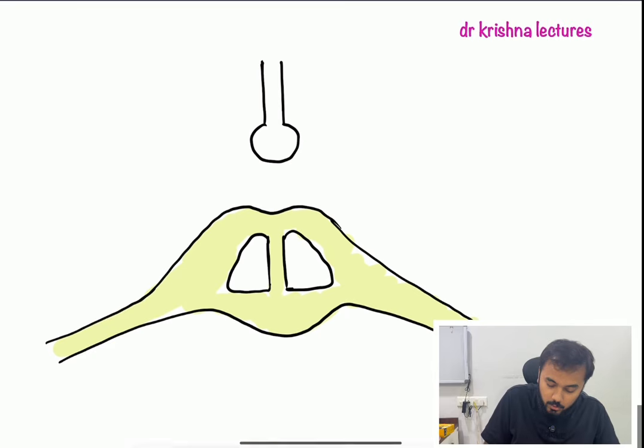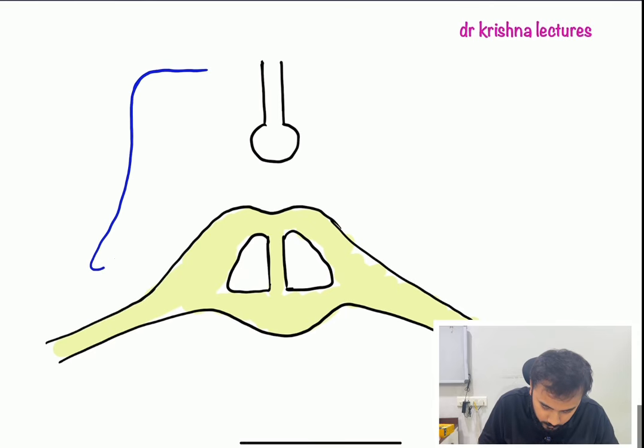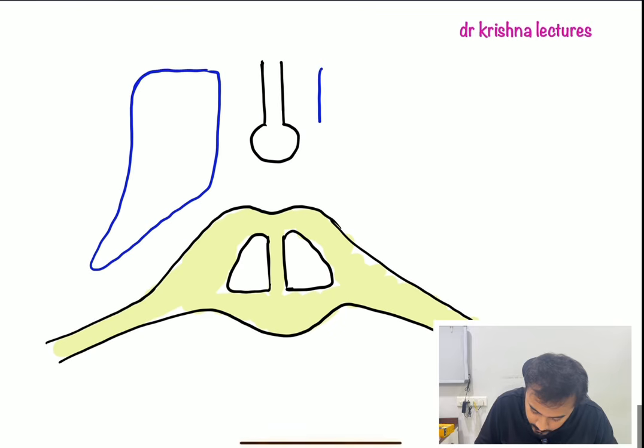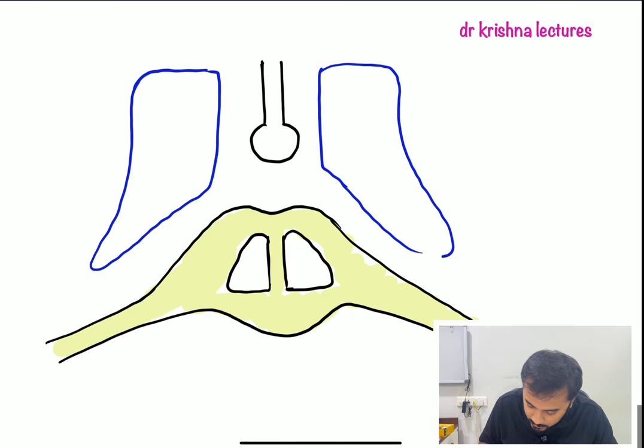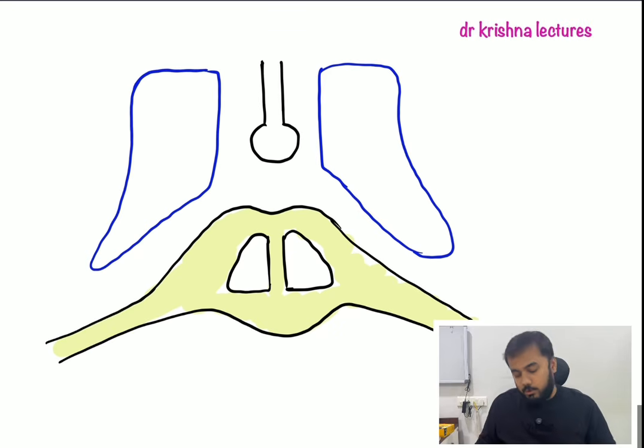So let me draw the cavernous sinus as well. You see, this is how your cavernous sinus is present. There might be some discrepancies within the picture, but still, these are the two cavernous sinuses.